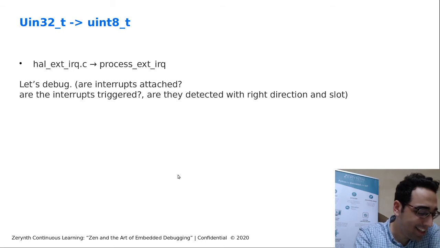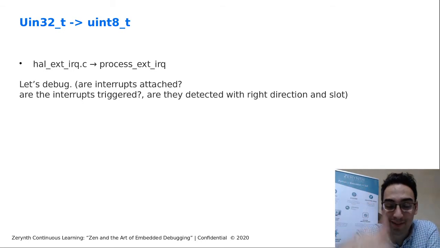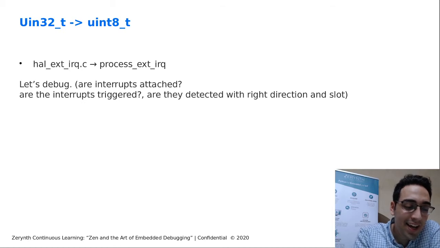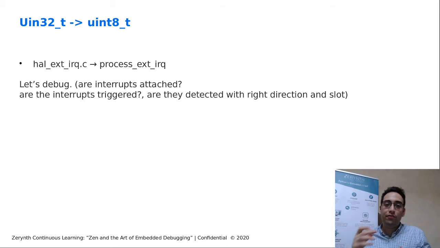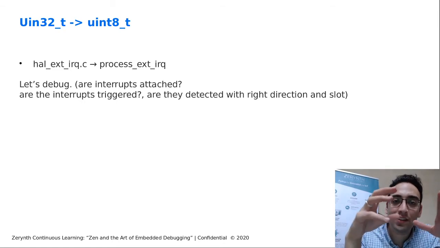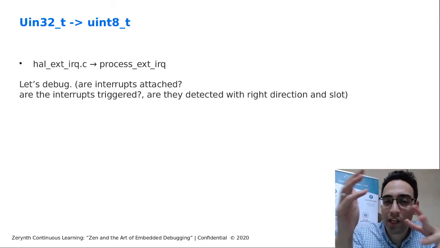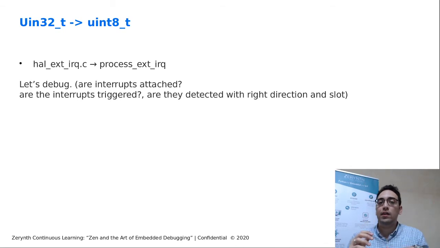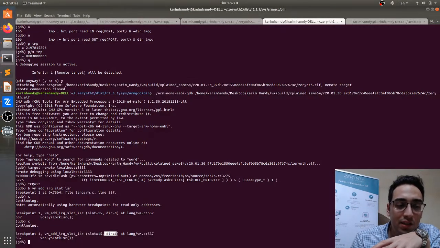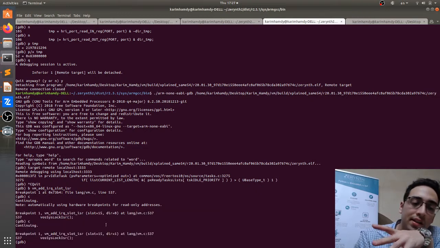Okay, so we have a question on the chat. If you have questions, feel free to add them on the chat. Would it be possible to be notified of this problem during compilation time? It will be possible if the interrupt driver is written in a way to assert, basically to check, as we've seen in the GDB debugger, that this function gets called with the rising edge and with the falling edge.